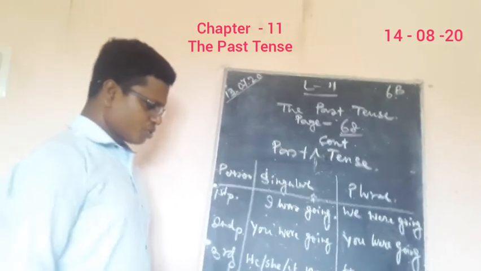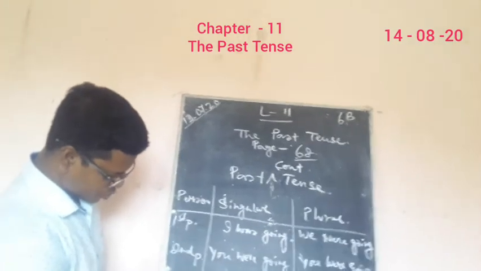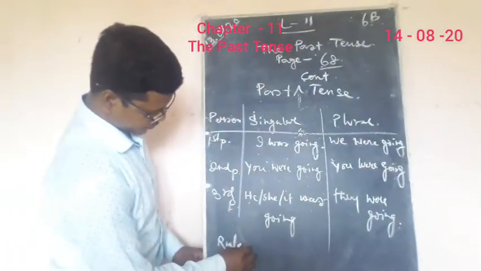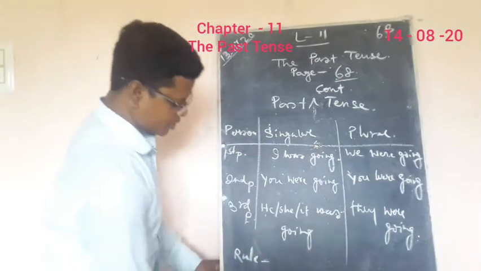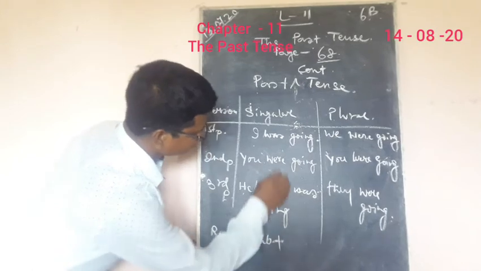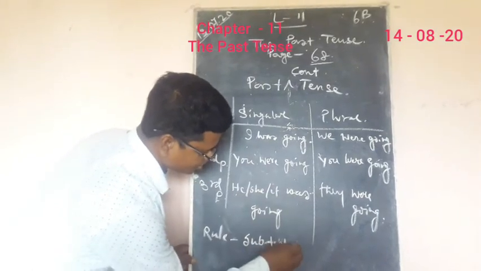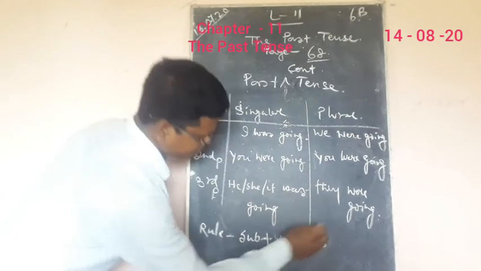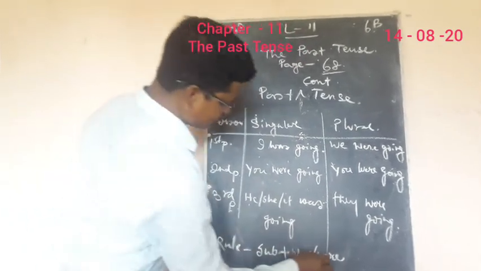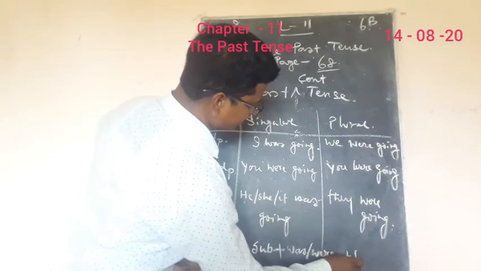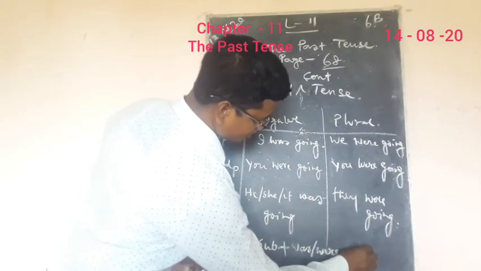And the rules also. What is the rule that we write here? First we have the subject, plus was or were, then plus the ing form of the main verb.